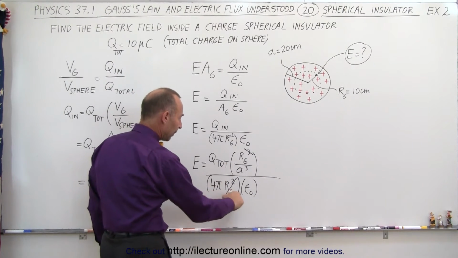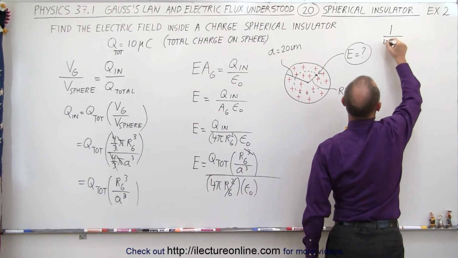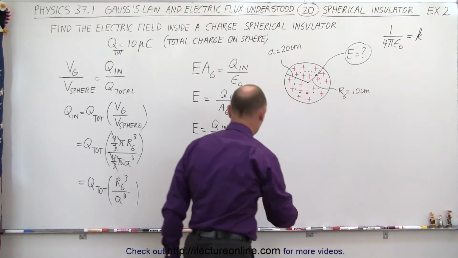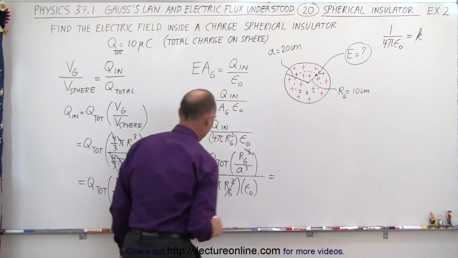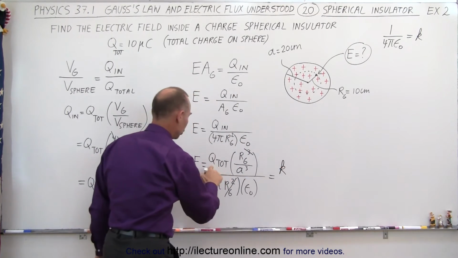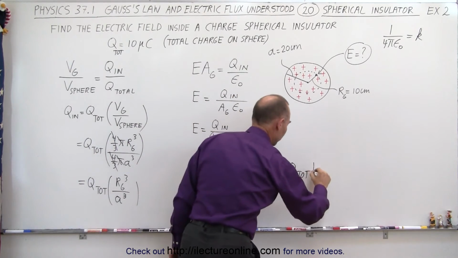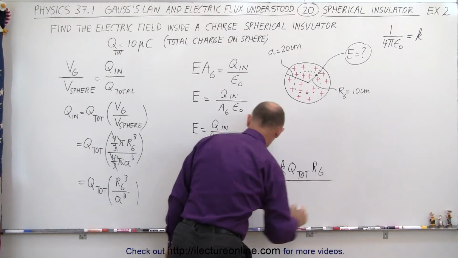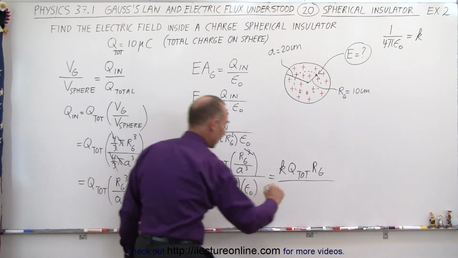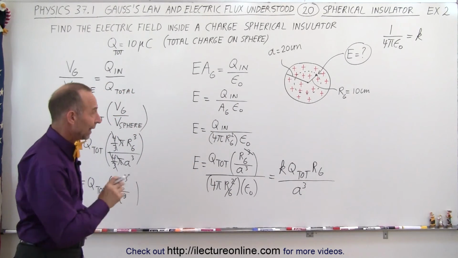We have 1 over 4 pi epsilon sub naught, and remember that 1 over 4 pi epsilon sub naught is equal to k, so we can replace that. Our equation simplifies to k times Q total times r sub g, the radius of the Gaussian surface, divided by a cubed. And that will be the strength of the electric field at that location.